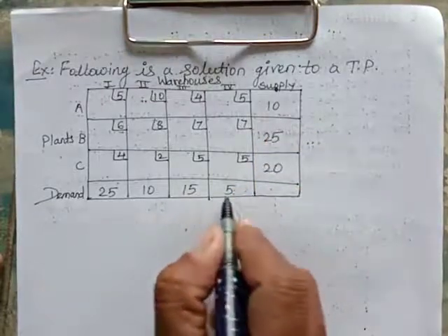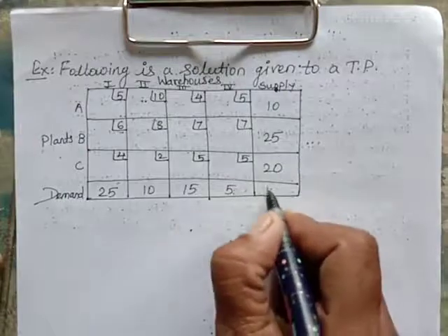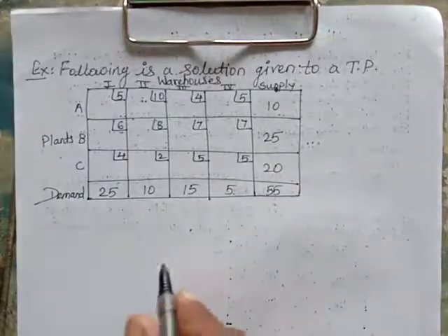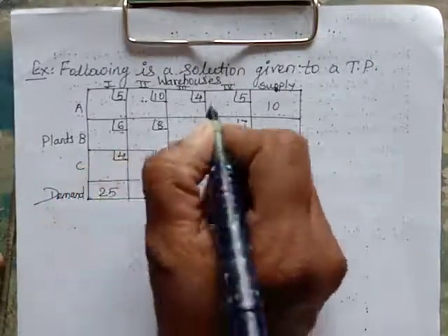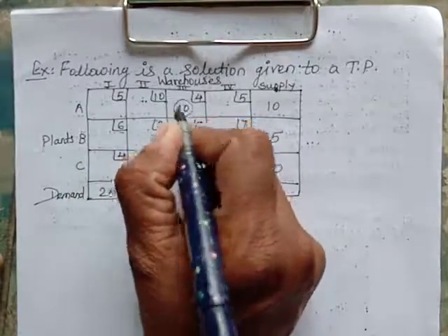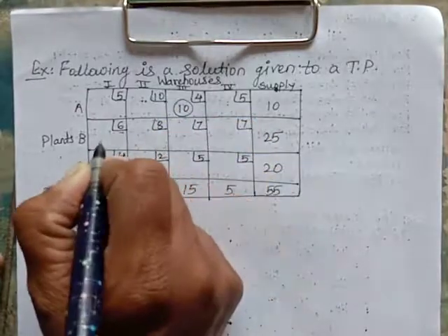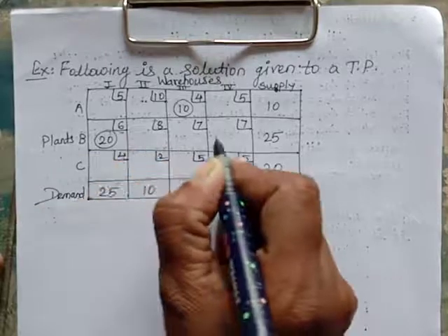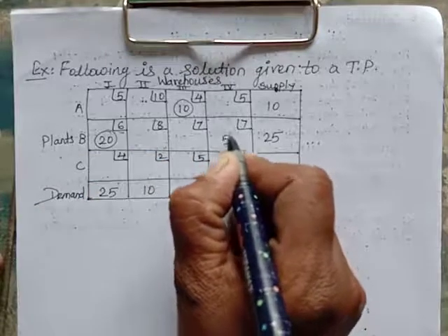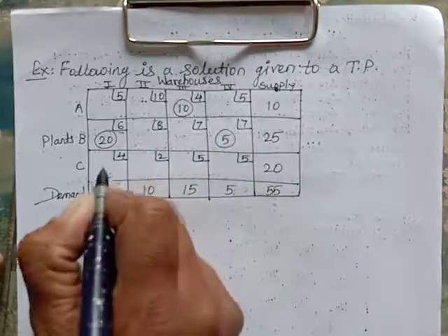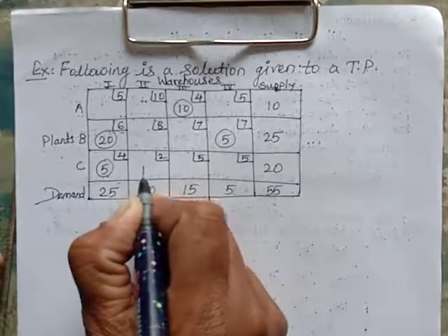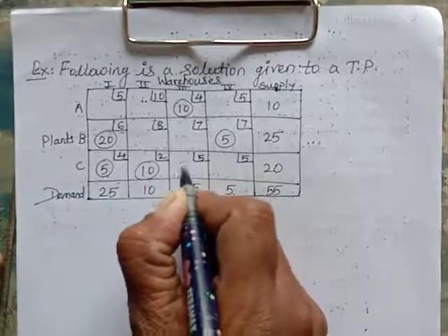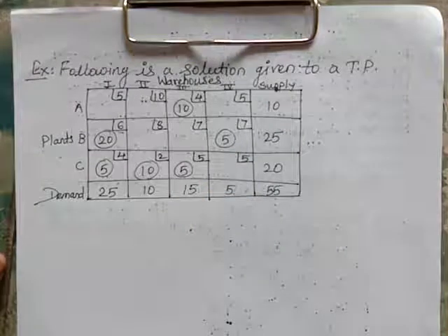This is also 55. So it is balanced and the allocations are 10 in the first row, 20, 5, then 5, 10 and 5. As such it is given.